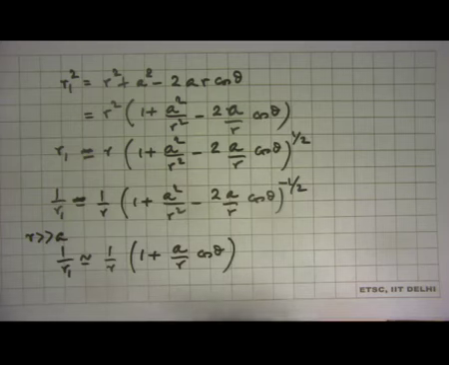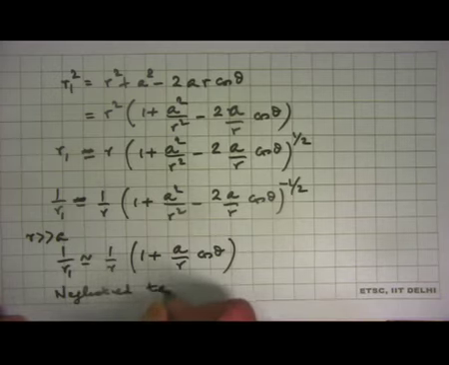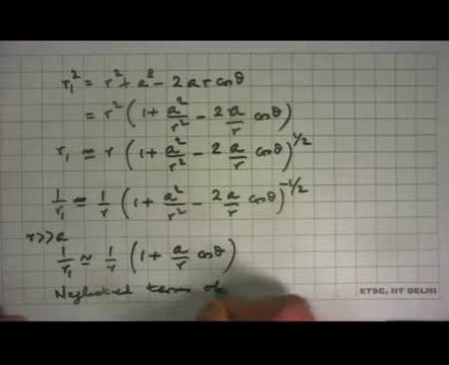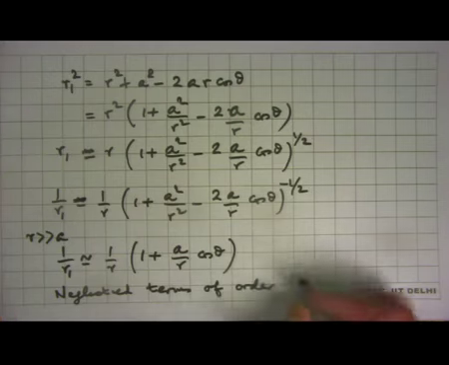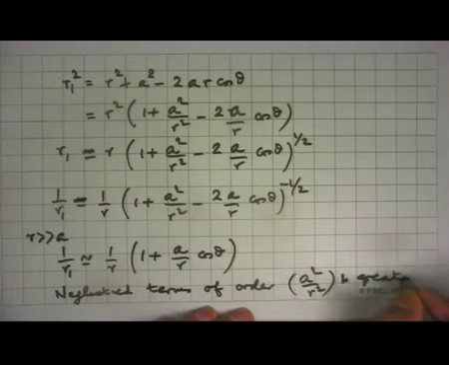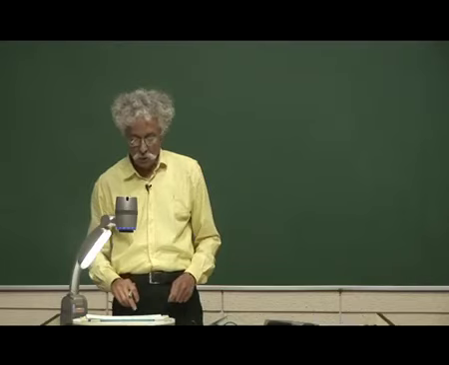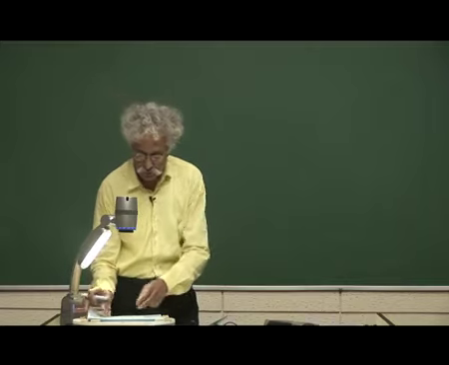I have neglected terms of order a square by r square and greater. So, a square by r square, a cube by r cube, etc., have all been neglected in this approximation. So, 1 by r1 is approximately 1 by r into 1 plus a by r cos theta.